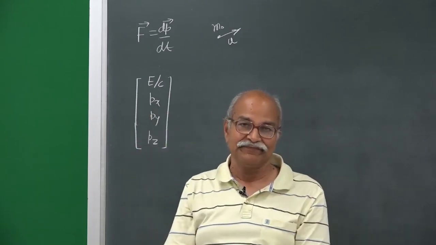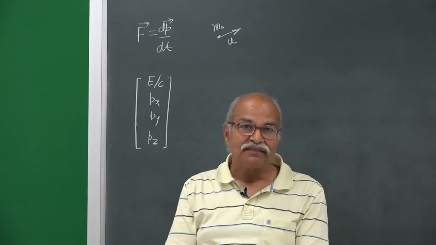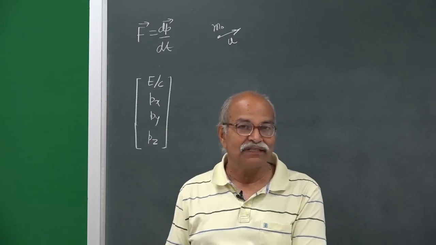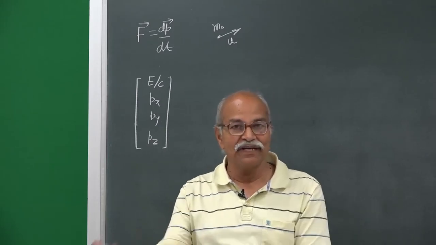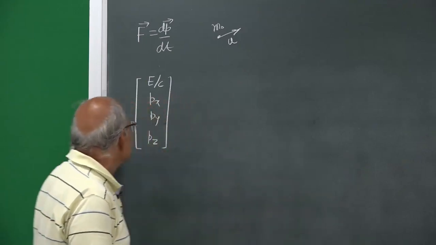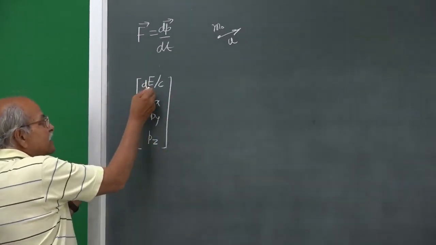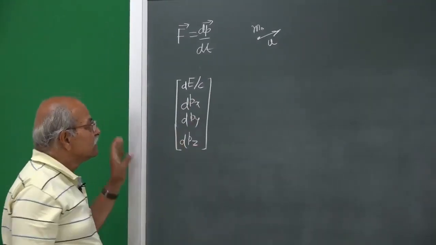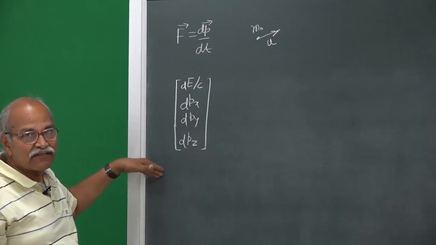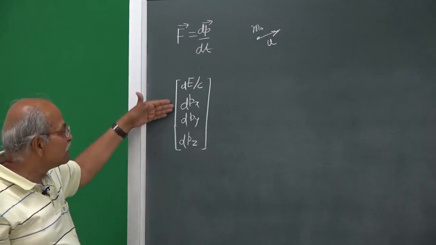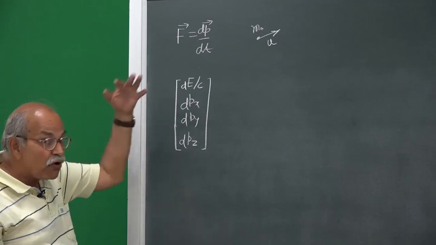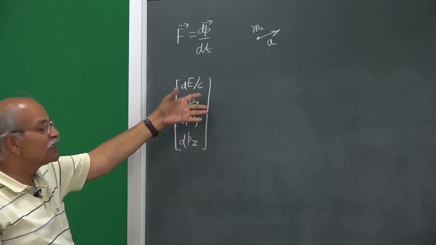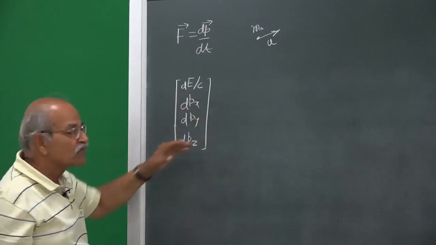but that also will form a 4 vector. And the difference of two 4 vectors is also a 4 vector, in the same spirit as the addition of two vectors is also a vector, and therefore, if I write dE by C, dpx, dpy and dpz, this also forms a 4 vector, and since this forms a 4 vector, it will transform as you go from S to S prime, according to the Lorentz transformation equations.